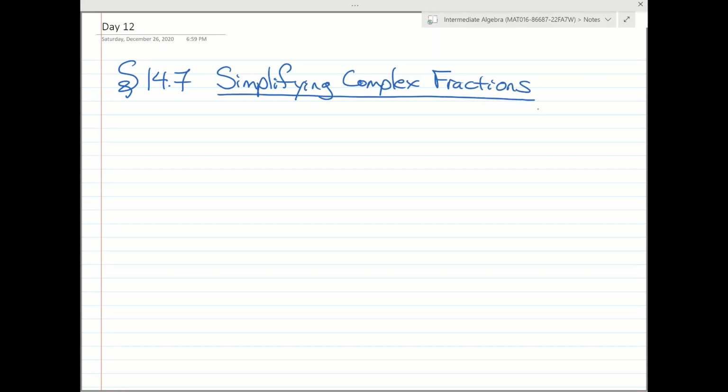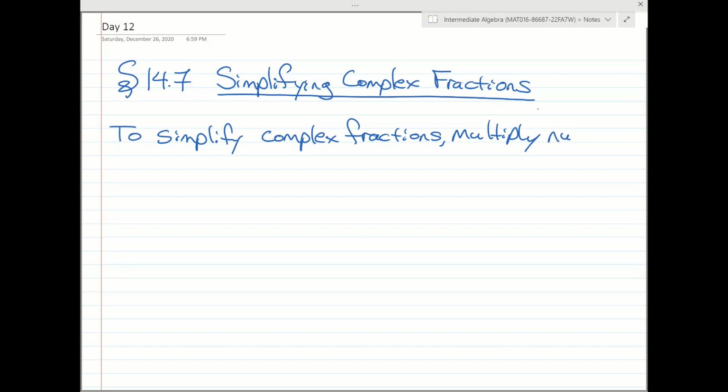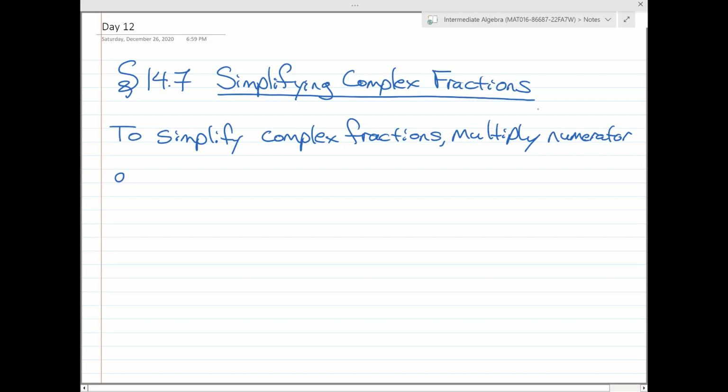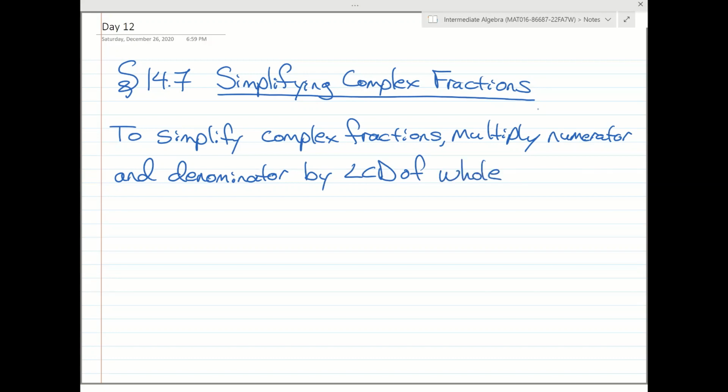When we're simplifying complex fractions, we want to multiply the numerator and denominator by the LCD of the whole fraction.